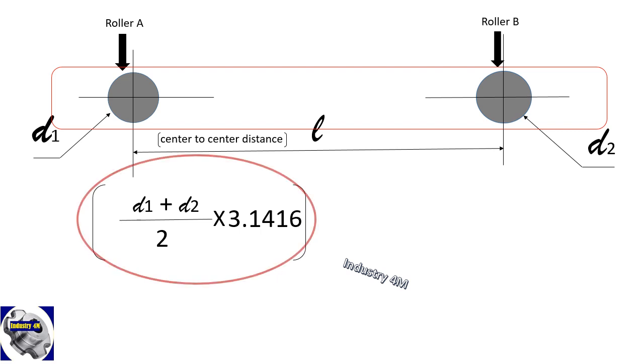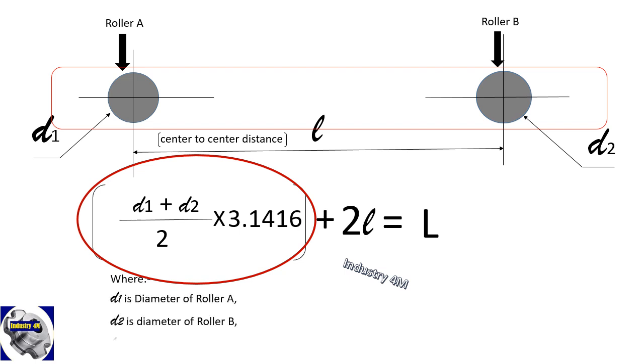Here we are calculating the circumference of the rollers, plus 2L. This L is to be measured between centers, and the result will be the conveyor length actually required to run the material on the conveyor.